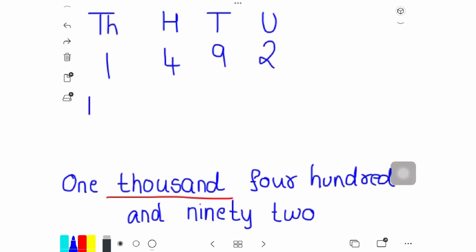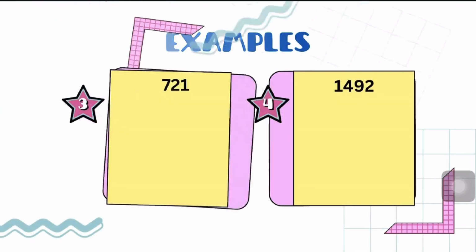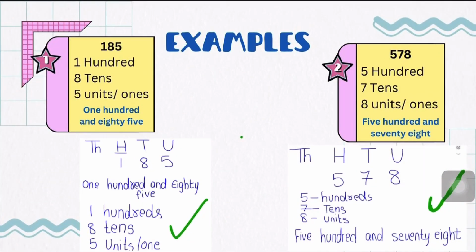From that, you can see that 1 is in the thousands place, 4 is in the hundreds place, 9 is in the tens place, and 2 is in the units or the ones place. We will now check our answers so that they match the ones shown on the screen.